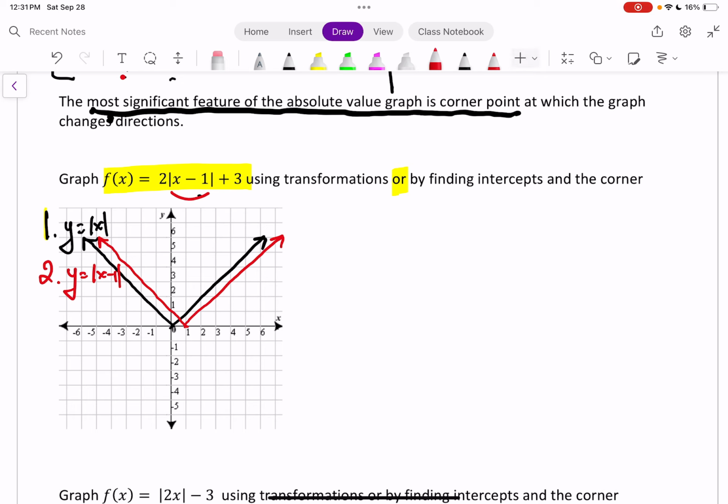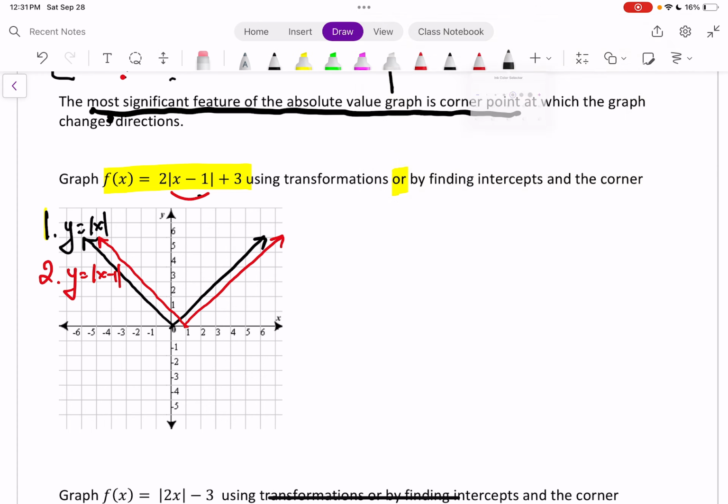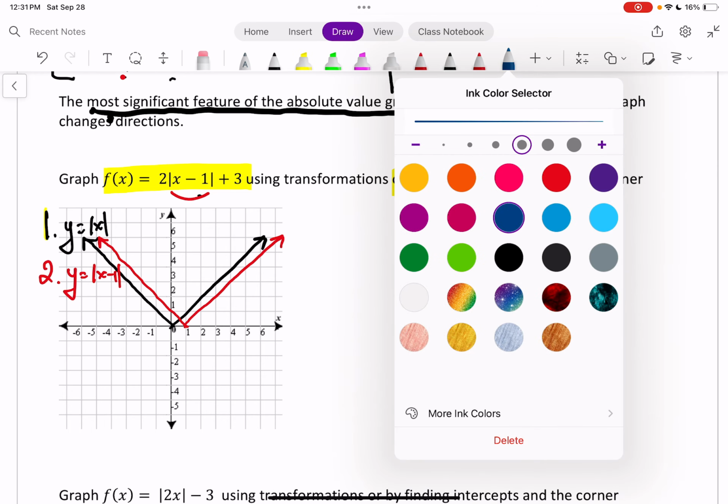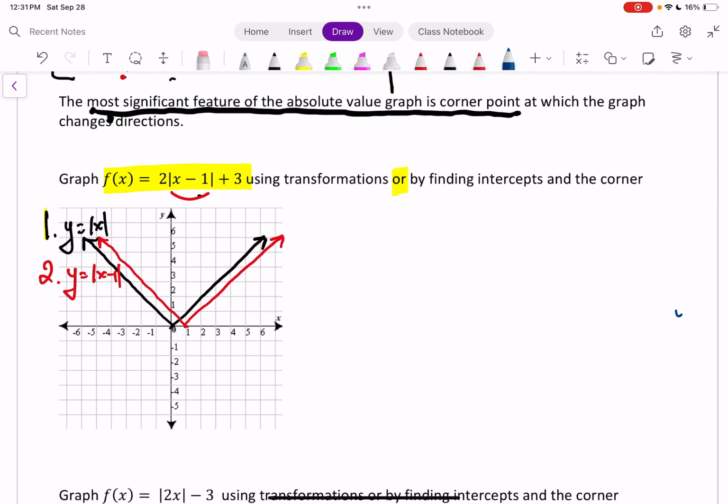The next step would be to multiply this by 2. Again, it's going to go in the order of operations. Multiplying by 2 simply means multiply all the y coordinates by 2. This corner point has a y of 0, so it stays.